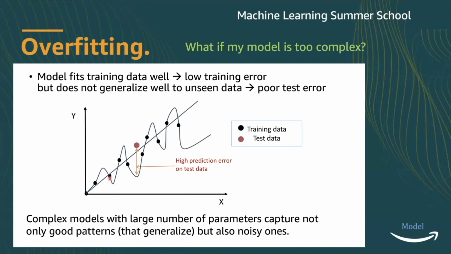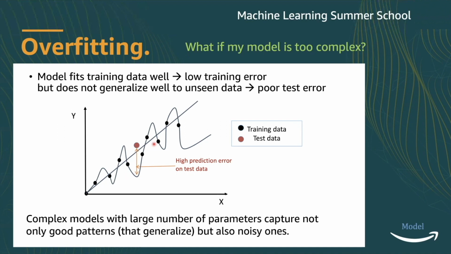So it has a zero error on the training data, and yet it has a higher error than the simpler x equal to y line on the test data point. So this is an example of overfitting.